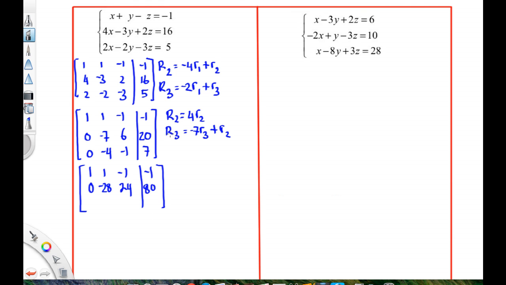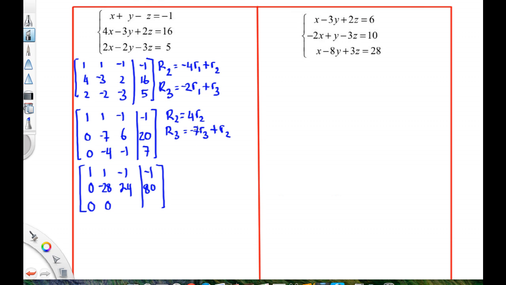So now I'm going to take R3, it's a negative 7 times the old row, and then I'm adding it to R2. Now hopefully you can see why I did the multiplication here first. So 4 times a negative 7 is a negative 28, right? And the first spot is still 0, right? A negative 7 times a negative 4 is 28, and 28 plus a negative 28 is 0, and that's what I was really after.